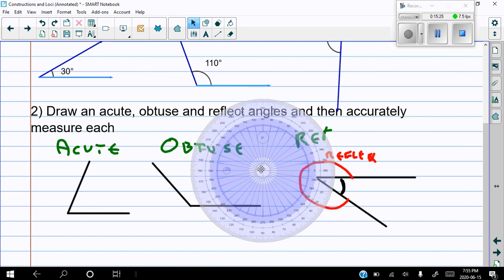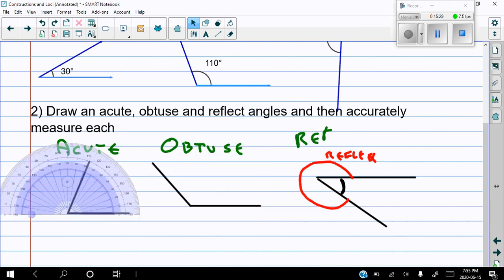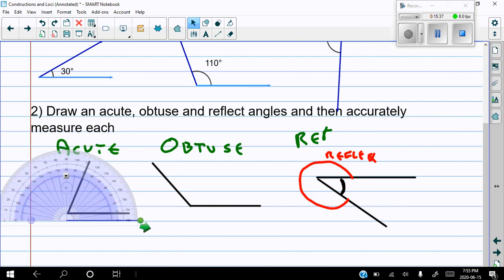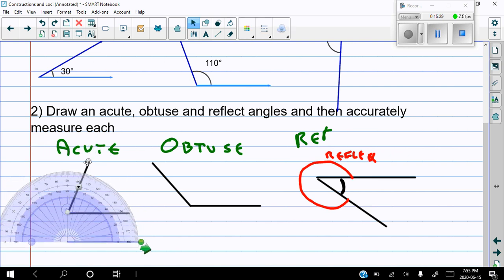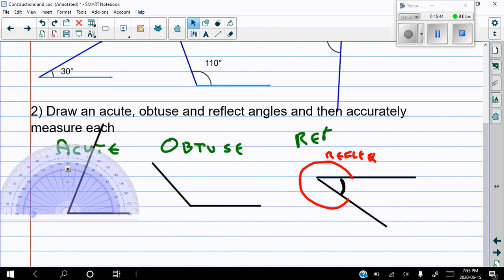Let's accurately measure them now. I'll show you a trick at the very end, but with our reflex, let's just get off to the start. We're going to measure our acute angle here, and we can't see very accurately, so I'm going to extend my line. Yours obviously will be different. We're starting at 0.